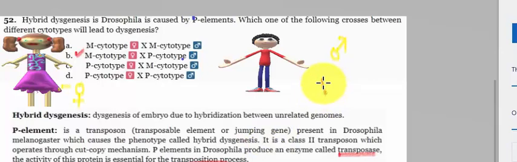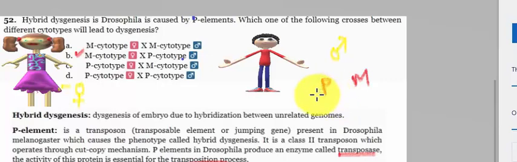The hybrid dysgenesis phenotype is affected by the transposition of the P elements within the germline of offspring of P strain males with M strain females.